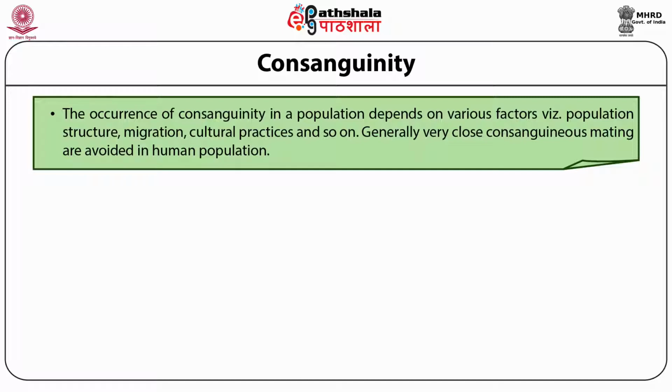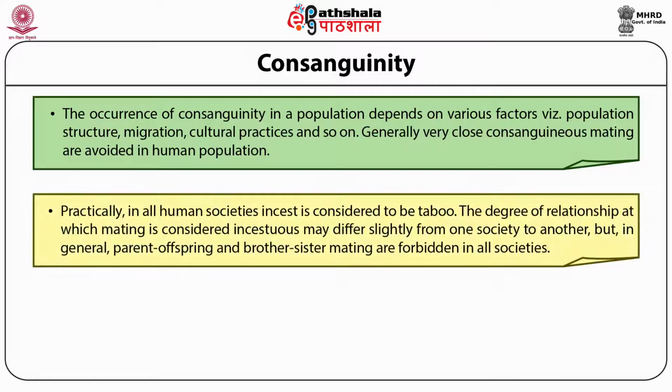Generally, very close consanguineous mating is avoided in human populations. Practically, the occurrence of such mating in all human societies is considered on various factors, namely the degree of relationship, population structure, migration, and cultural practices.